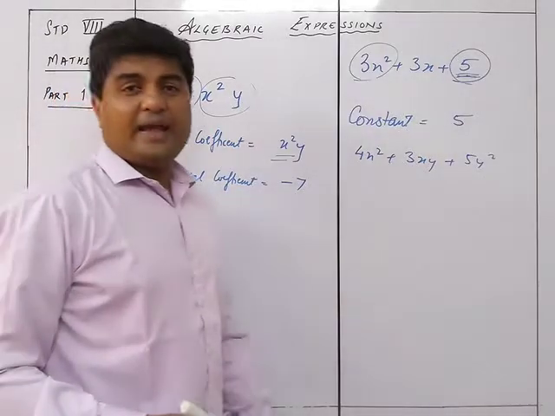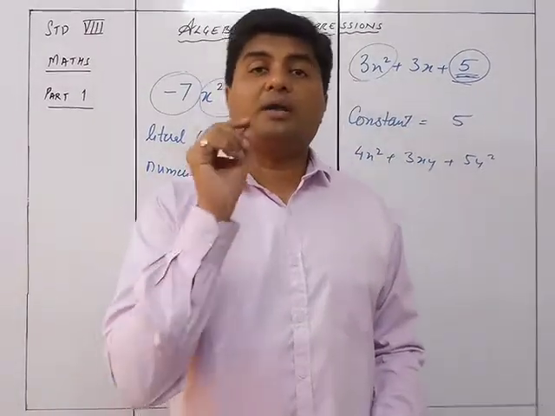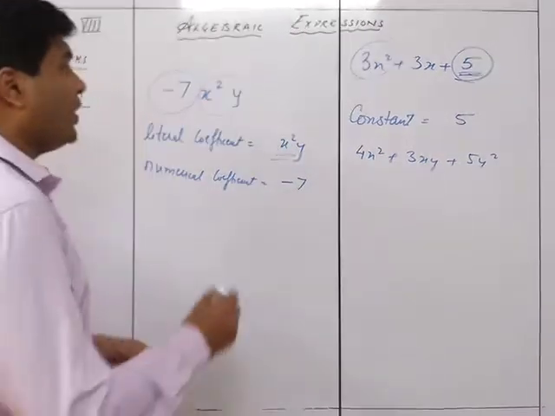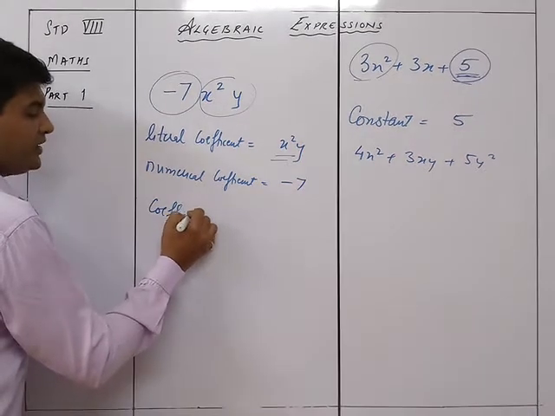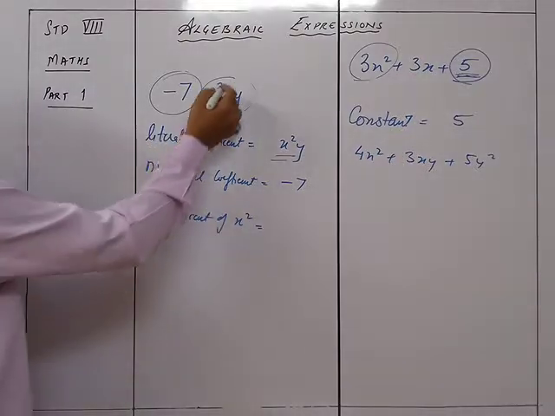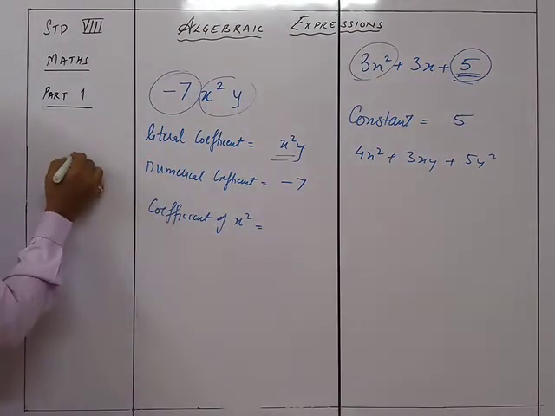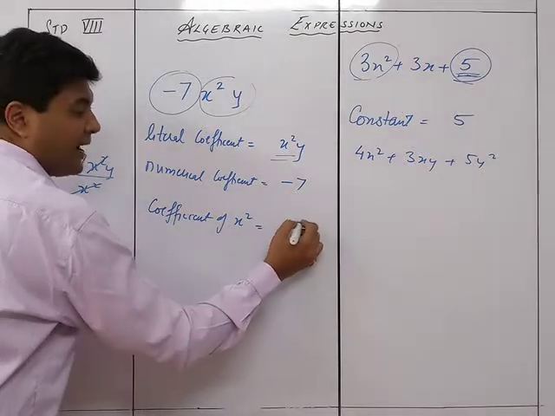But if I take the coefficient with respect to another factor, for example, the coefficient of x square, then it will be the whole term divided by x square. So it is minus 7x square y upon x square. The x square cancels. What is remaining? Minus 7y.